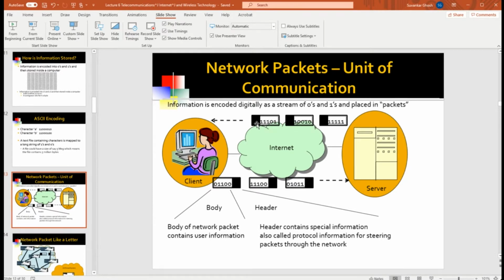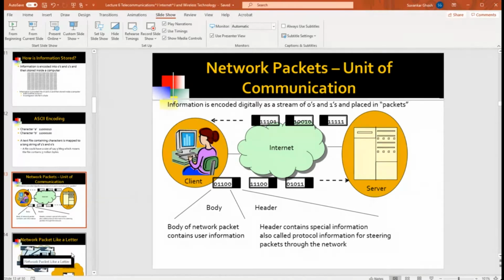And the routers and the switches are essentially looking at the protocol information that is there in the header of each packet. The body of the packet is meant for the user. The routers and the switches are not concerned about what's in the body of the packet. They're concerned only about what's in the header, so that they can do their job of steering the packet to the right destination in a reliable, error-free manner. That's what a network is supposed to be doing.